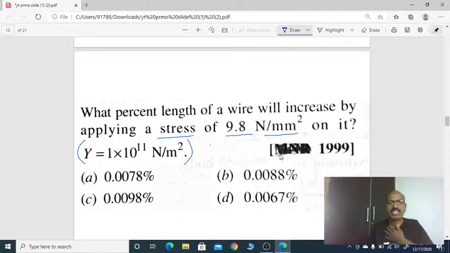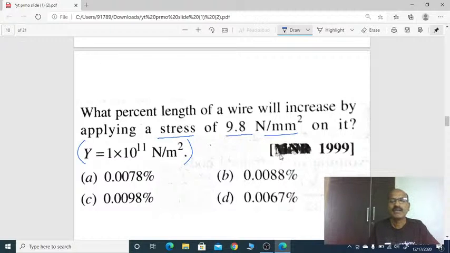What percentage of length of the wire will increase if we apply this much stress on the wire? I hope the question is clear.